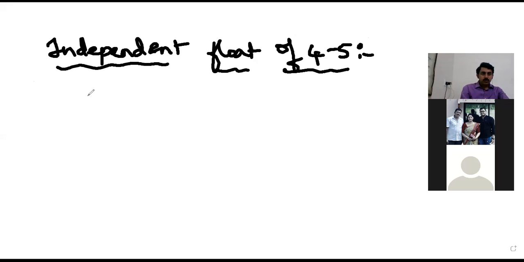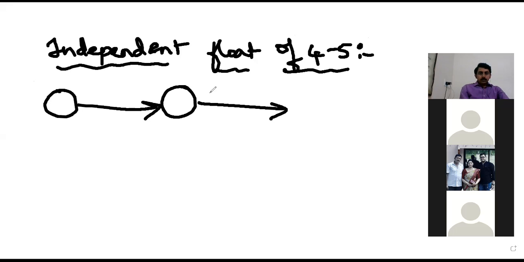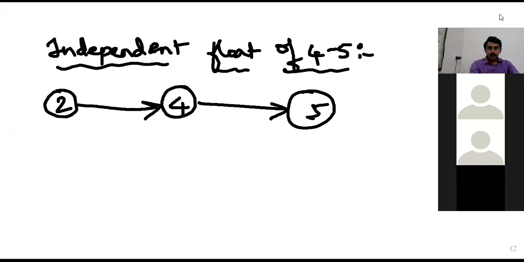So this is the last calculation for this particular problem. What is the previous activity? 2-4. Okay, if we have to mark the previous activity and the present activity, what should be the previous activity for 4-5? 2-4, correct.